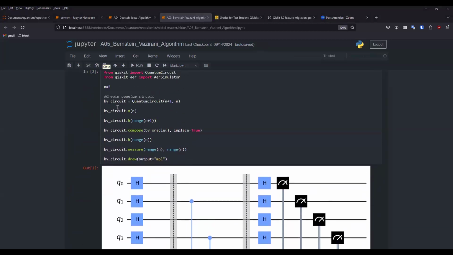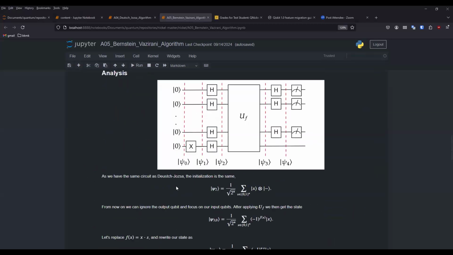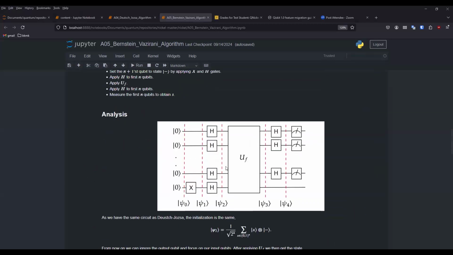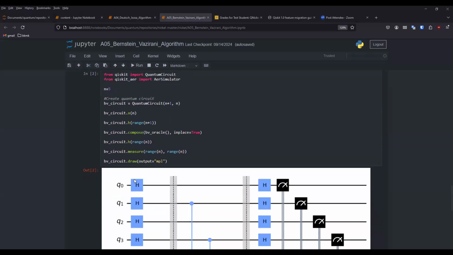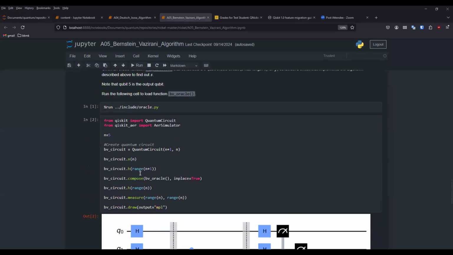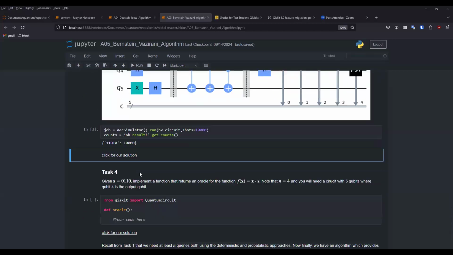Well, it's applied to all of them. As you can see, the oracle is just a box working on this equal superposition of all our states. And we're getting the oracle from another file, so we don't need to implement it, but we would like to understand how it works.